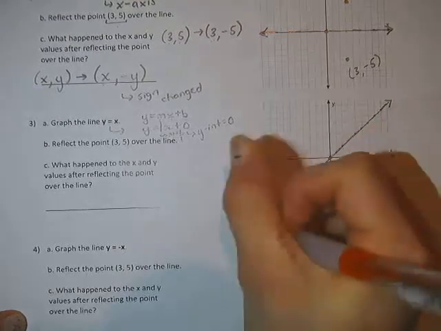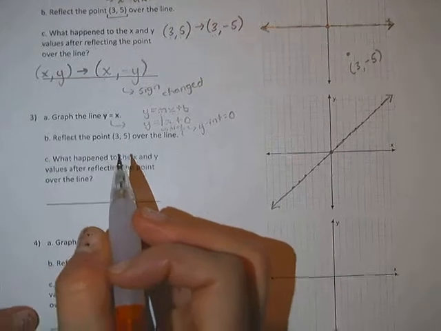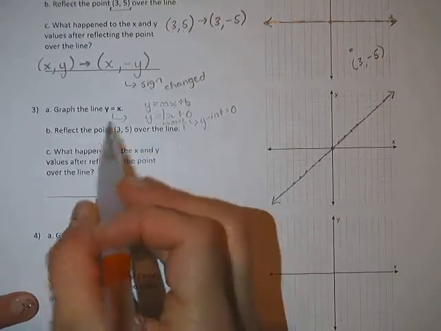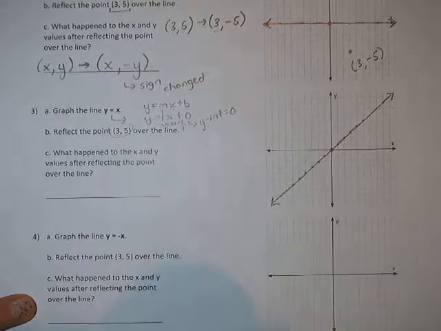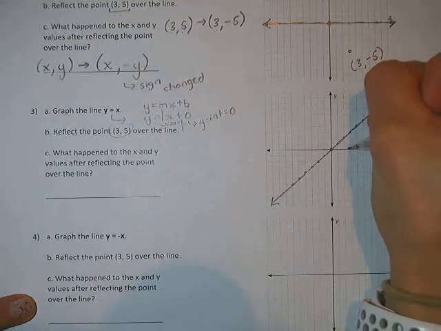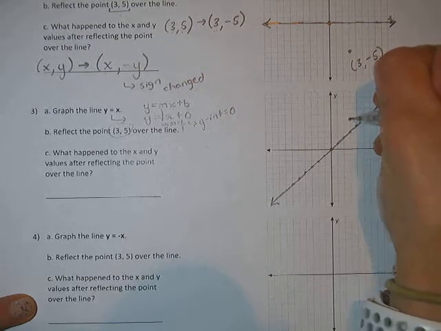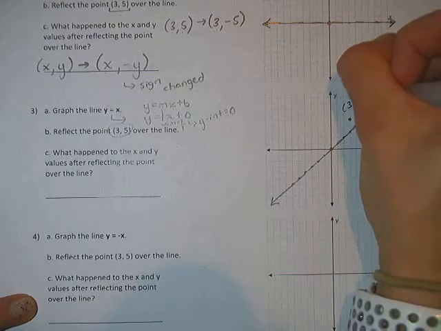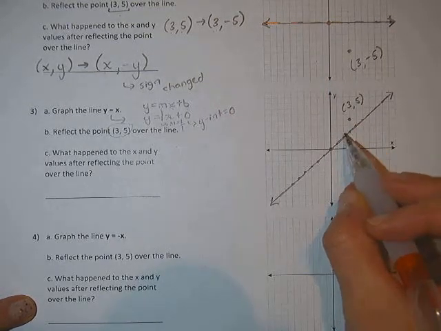Okay, and then to find the rule, to figure out what happens in general when you reflect something over that line, you're going to use that same point. You're going to graph (3, 5) and flip that point over the line. So I go 3, and 5: 1, 2, 3, 4, 5. That's where it originally was, and I'm going to flip it. This one's a little weird because it's at a diagonal.